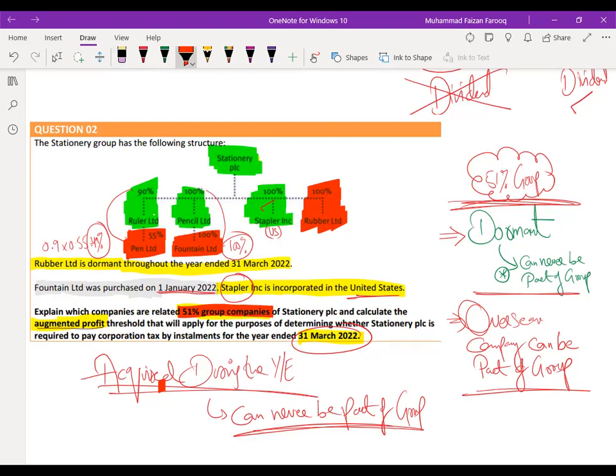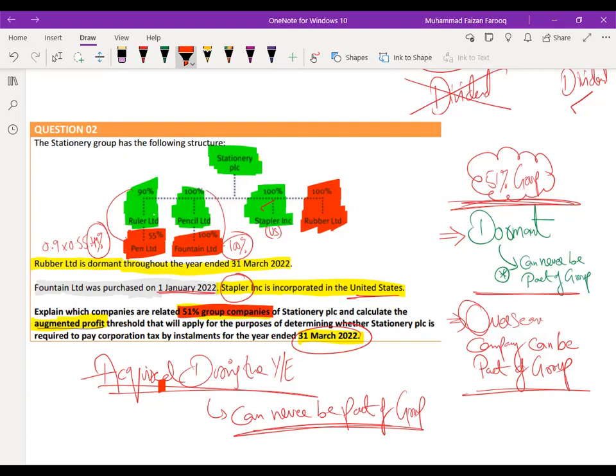These are three exceptions. A 51% group means more than 51% of shares in a company. A dormant company can never be part of the group. An overseas company, yes, can be part of the group. But a company acquired during the year, the first year of acquisition, is not allowed to be part of the group.